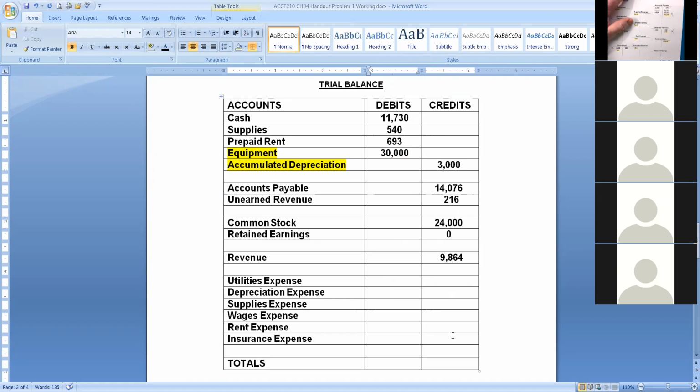Utility expense 1,620, depreciation expense 3,000, wages expense 1,440.